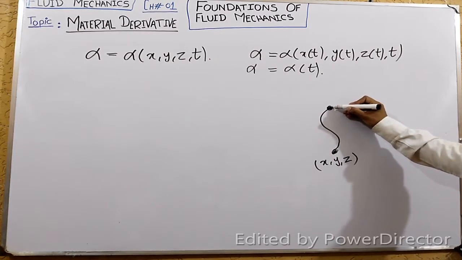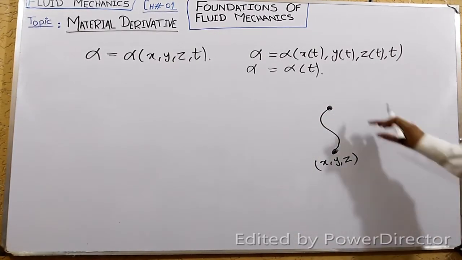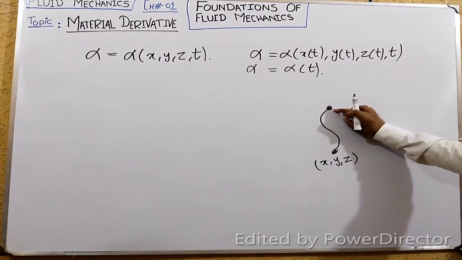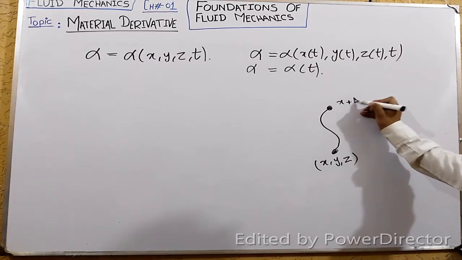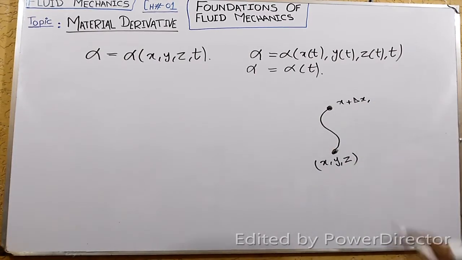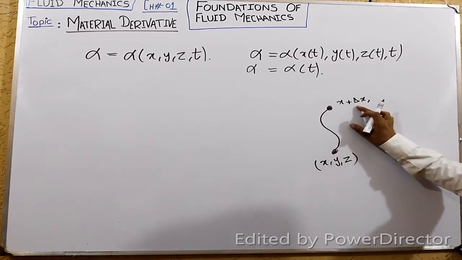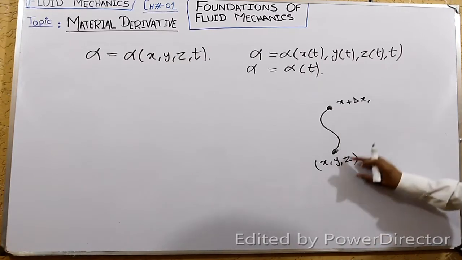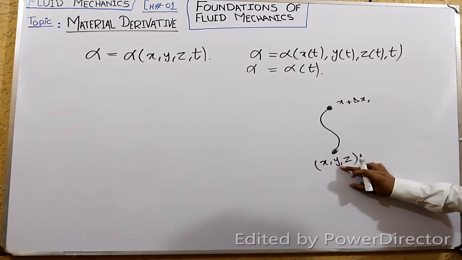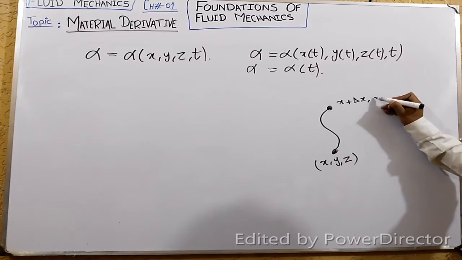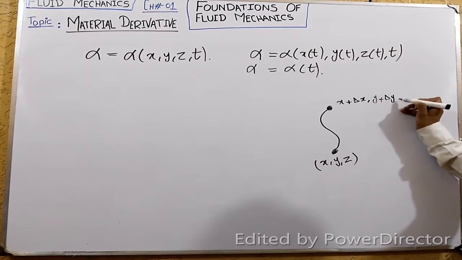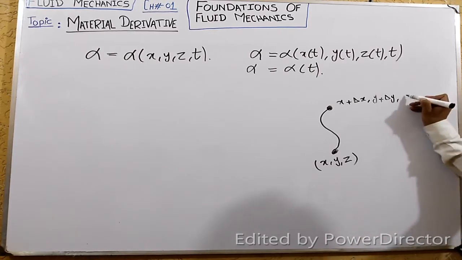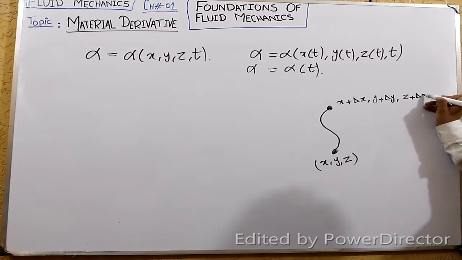Suppose that after time delta t, the fluid particle reaches this point whose coordinates are x plus delta x, that is, the change in its x position is delta x. And similarly, suppose that the change in the y position is delta y, so the y coordinate of this point is y plus delta y. Similarly, the z coordinate is z plus delta z.